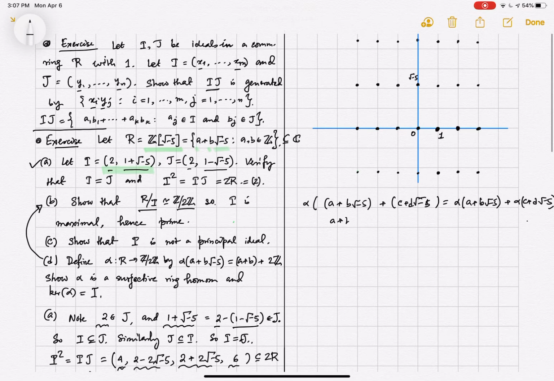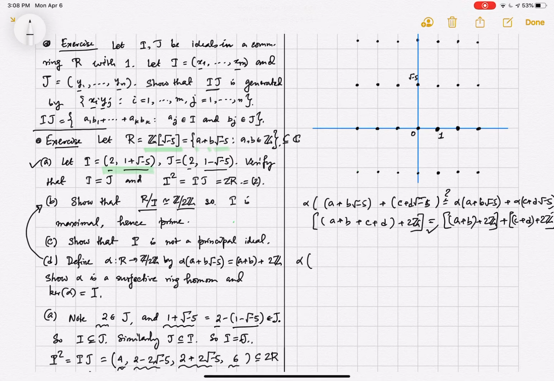This would be a plus b plus c plus d mod 2, and this would be a plus b mod 2, and this would be c plus d mod 2, and this plus this in Z mod 2Z is certainly that. So the addition is very clear.